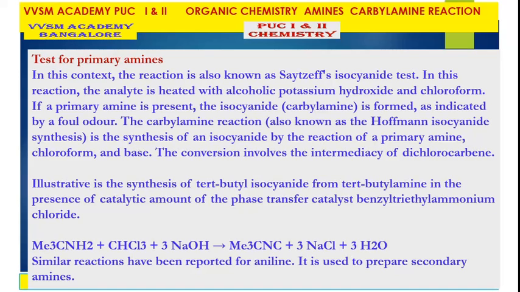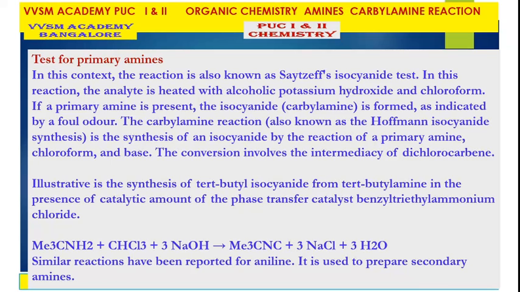In this context, the reaction is also known as the carbylamine isocyanide test. In this reaction, the analyte is heated with alcoholic potassium hydroxide and chloroform.